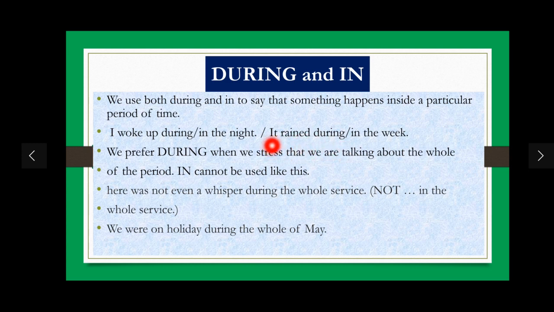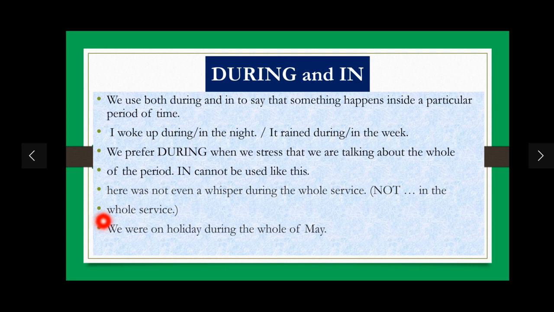And when we say it rained in the week, we are not referring to a continuous week, that it rained for a continuous week. Now, there was not even a whisper during the whole service, not in the whole service.